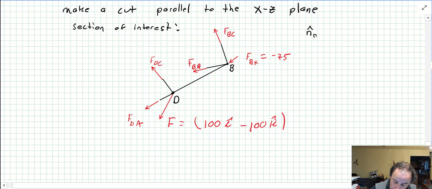The unit vector in the direction DC is the vector DC over the magnitude of DC, which is minus 3i minus 4j plus 12k over the magnitude of that, which is 13.